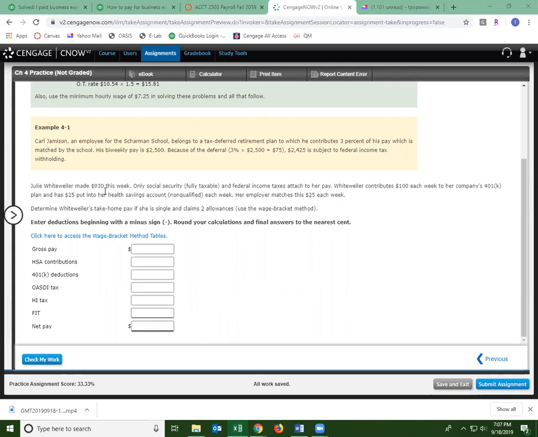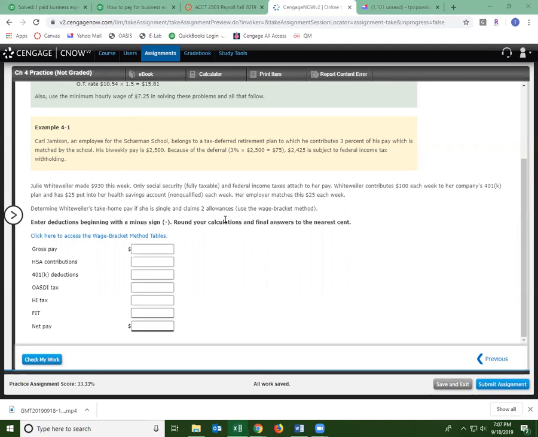Well, if you remember from Chapter 4 reading, what we do as far as taxable income here is that the $25 that she puts into her health savings account is non-qualified. So it is non-tax deductible. So it will be considered part of her gross pay and it will be taxable income.